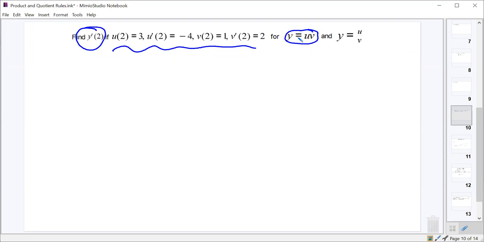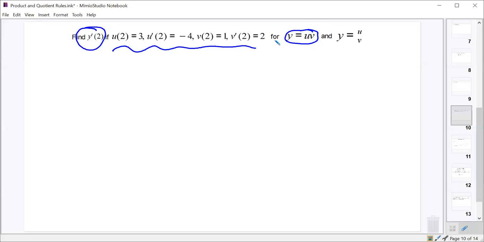So the deal is we don't know what the function u is and we don't know what the function v is. They could literally be anything. But we know that u of 2 is equal to 3 and that u prime of 2 is equal to -4 and so on. And so we are looking for how does that affect this other function y and its derivative when we take the function y equal to u times v.